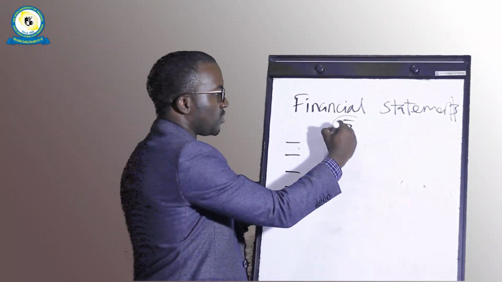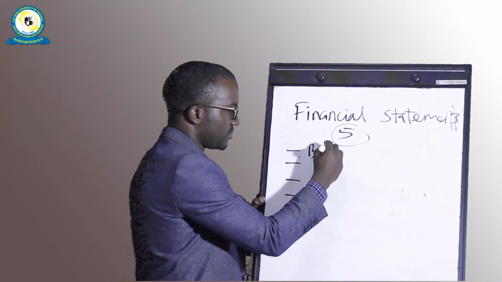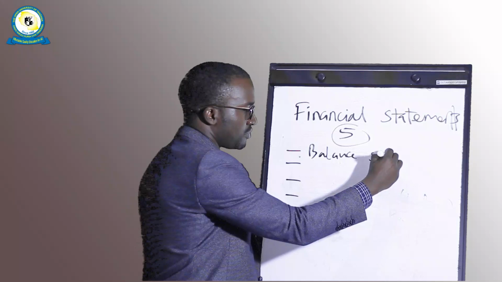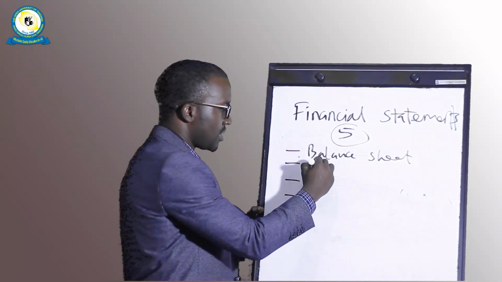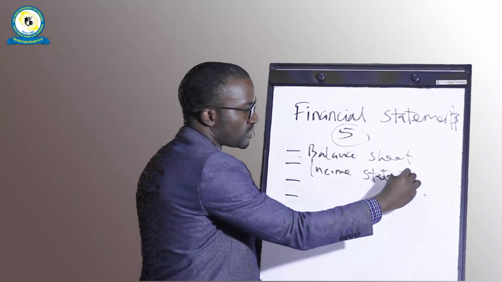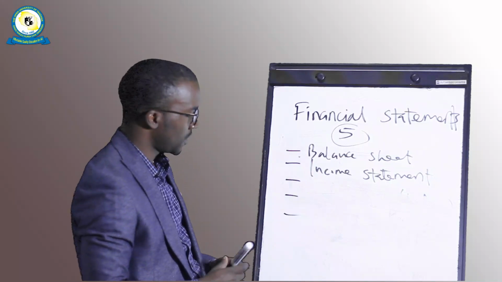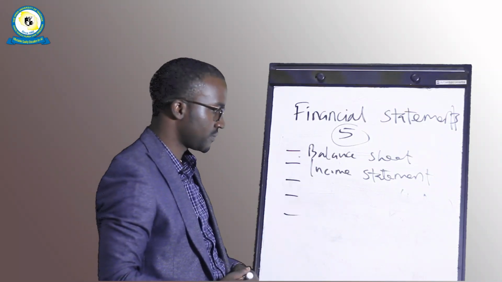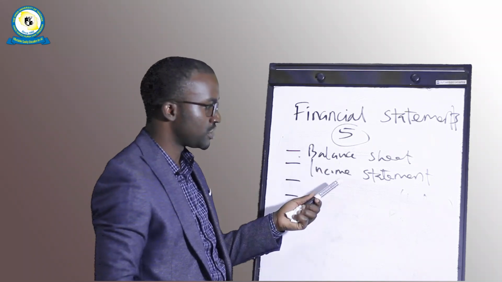I've said that we have almost 5 of them. We have the balance sheet. I am repeating this so that you can capture them in your mind. You have the income statement. I'm using the old names because most of you are very familiar with them.